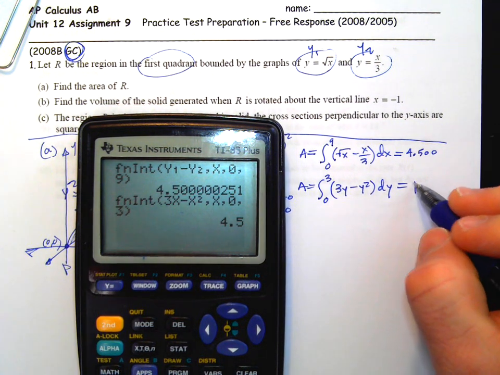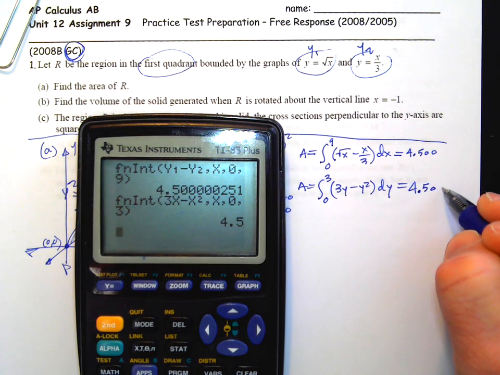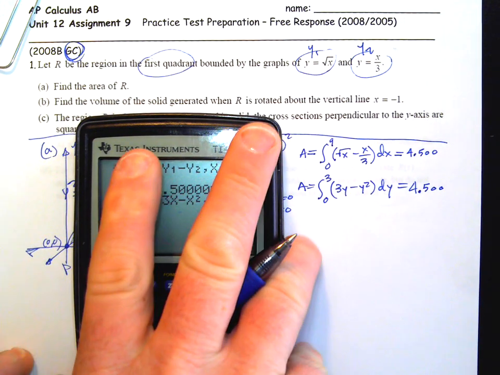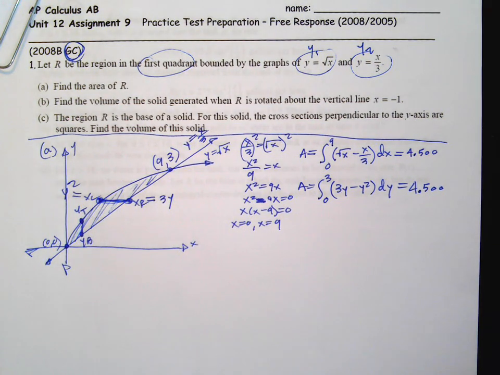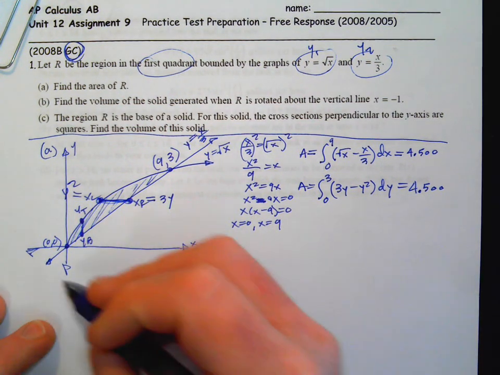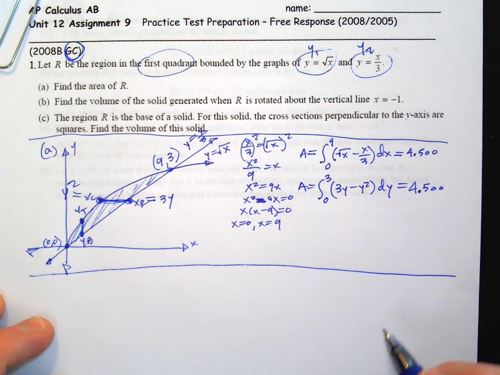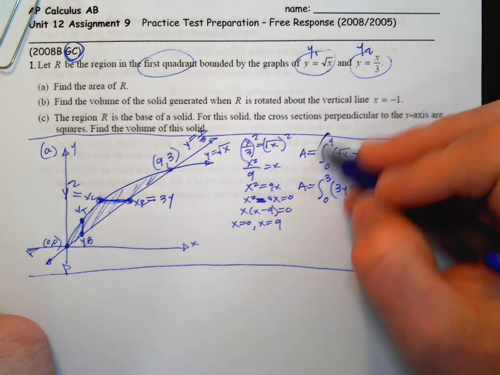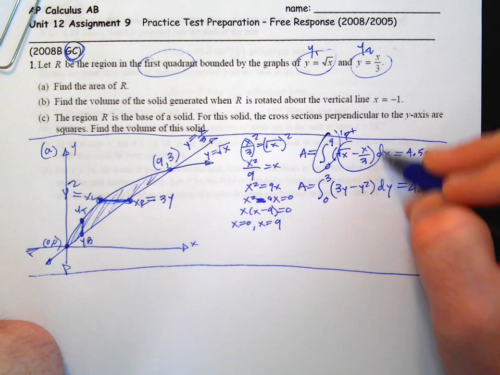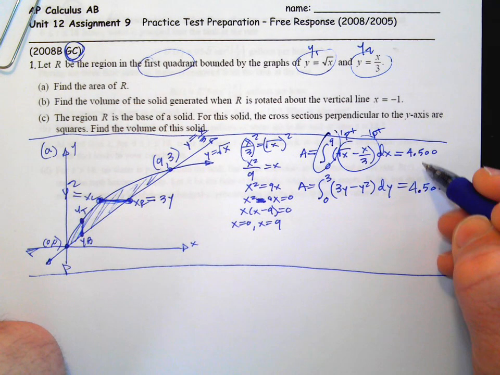And wow, it came out to exactly 4.5. Now I'm just going to add the extra zeros just to indicate my intention of the accuracy of my answer. Now, point-wise, 1 point for the limits, 1 point for the integrand, and 1 point for the answer.